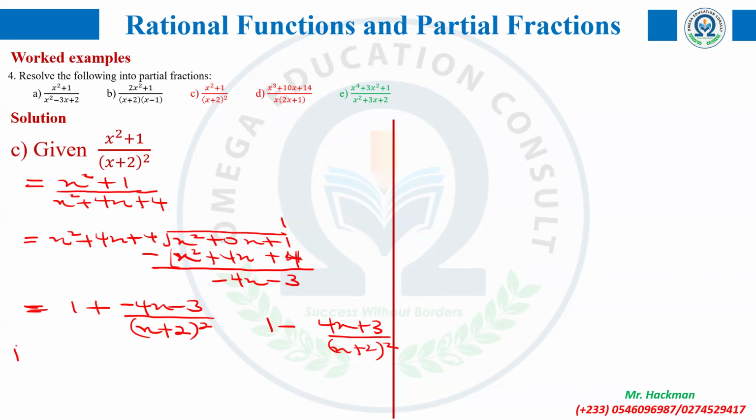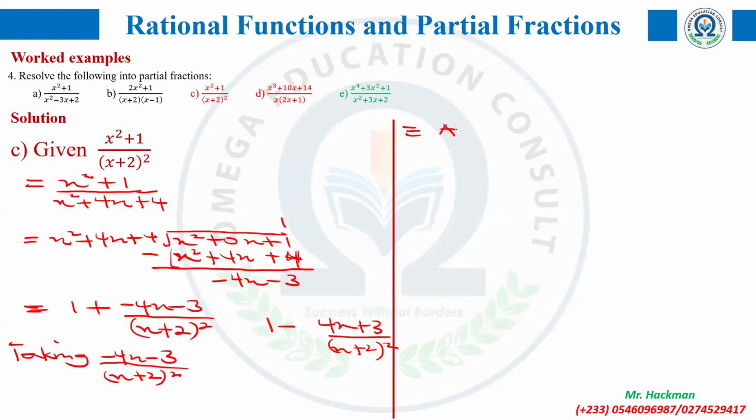So taking minus 4x minus 3 all over x plus 2 all squared, we know we are going to write the identity. This will be identical to a repeated factor, and your repeated factor is linear.